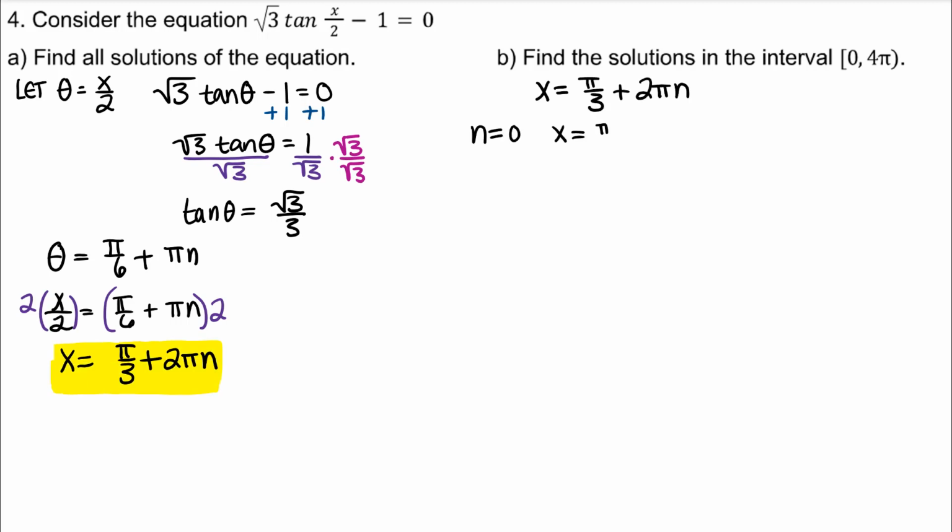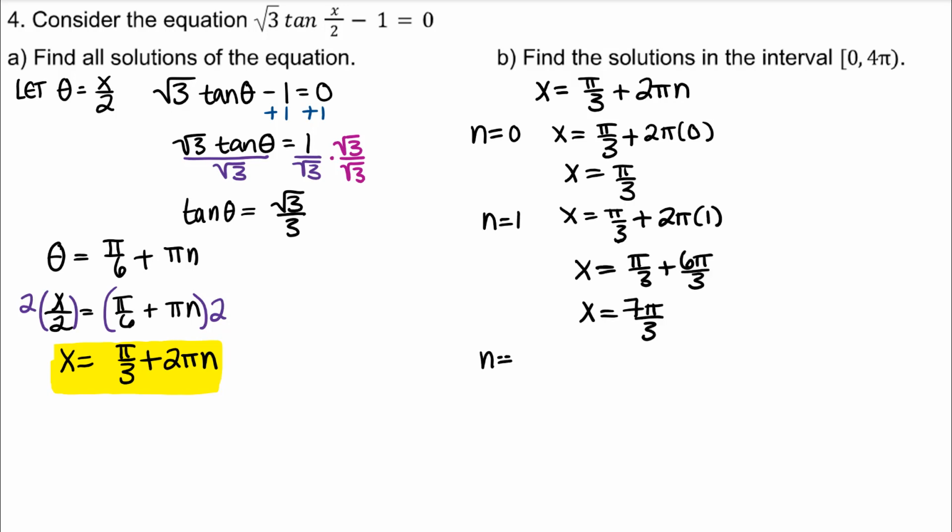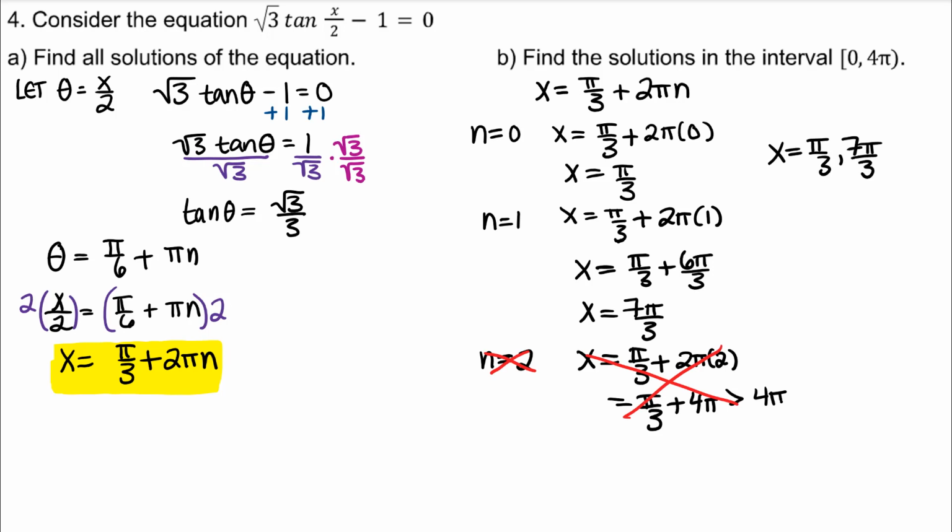When plugging in n equals 0, x is pi thirds. When plugging in n equals 1, x is 7 pi thirds. But plugging in n equals 2 gives you a solution outside the interval 0 to 4 pi, so we only have 2 specific solutions on the interval 0 to 4 pi.